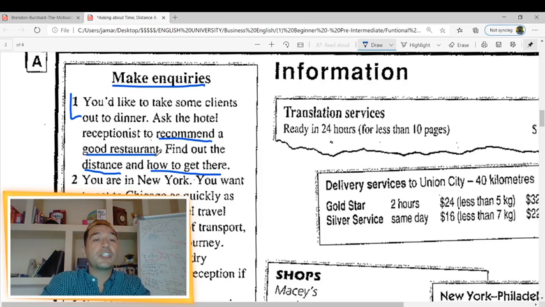Let's make the question first. Okay, look. Info question. Question number 1. Good restaurant. What WH do we put for a good restaurant? We're going to make a question. We need which. Excellent. Which.